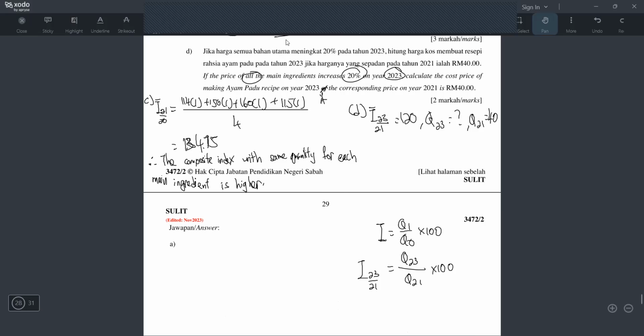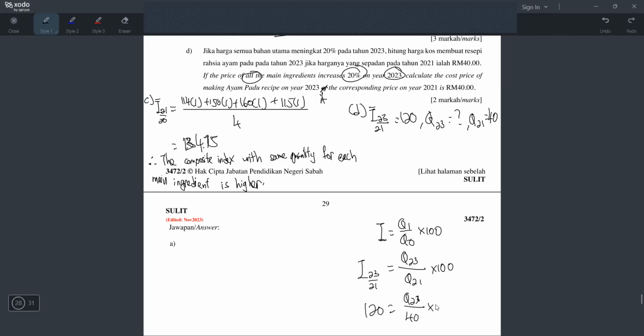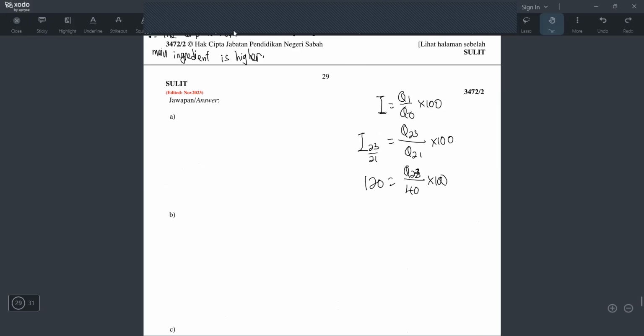It means here you will write 120 equals Q23 over Q21, which is 40, times 100. So remember, if the question never mentions the keyword, you will take the composite index. But in this case, you don't take the one for 21 over 20, you take 23 over 21, because I'm finding the price for 23 if 21 is 40. So obviously the years have to match as well.